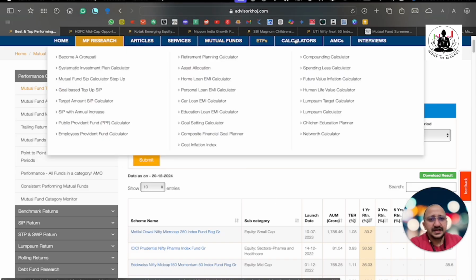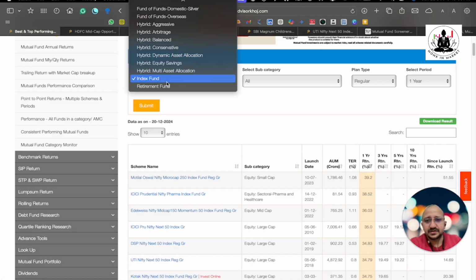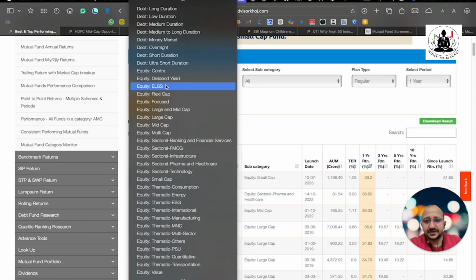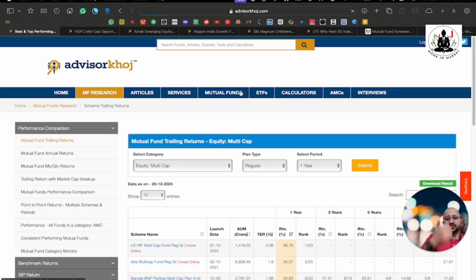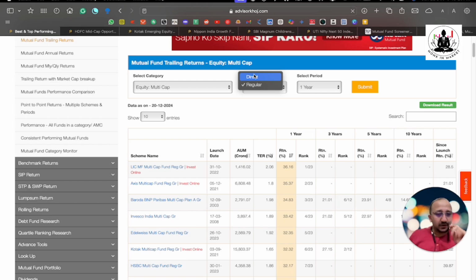Now, let's explore further how it works. Index fund is done. Let's see equity small cap, equity multi cap would be fine, right? Now, guys, one more thing that is advisable over here. It is important for you to invest in a direct plan only. This will save your money, because if you are buying a regular plan, that regular plan is sold by a broker, by a distributor.